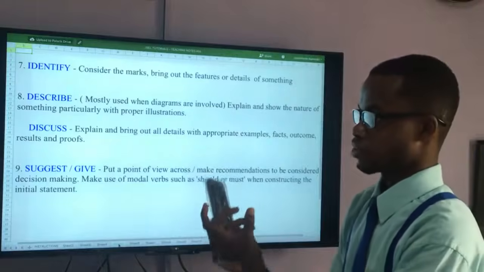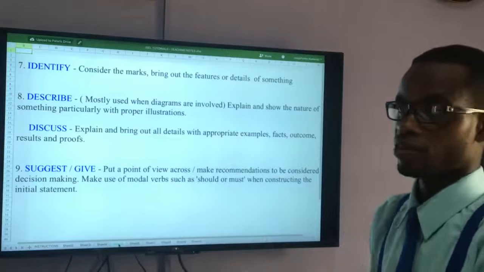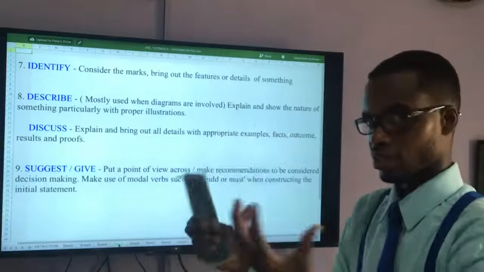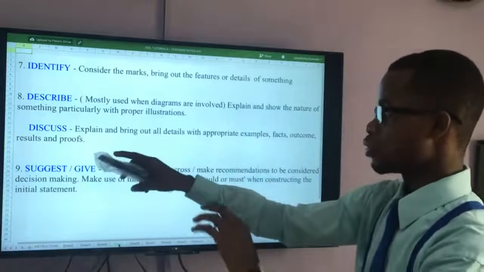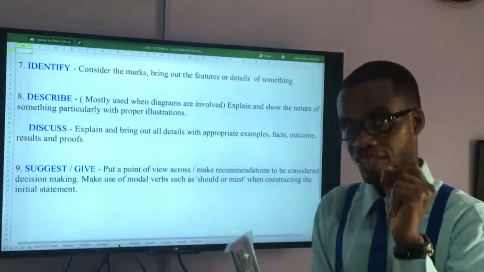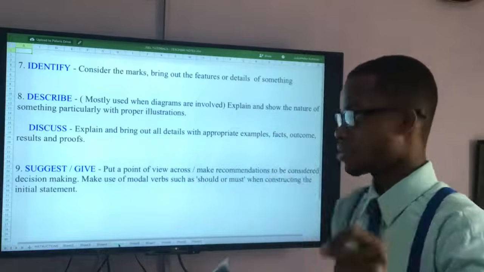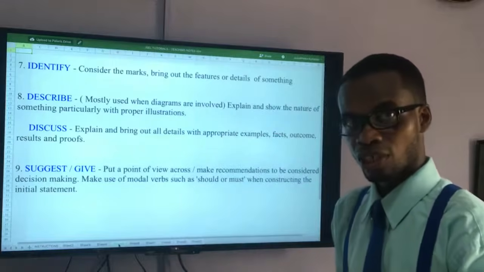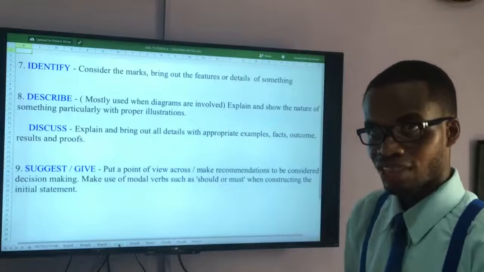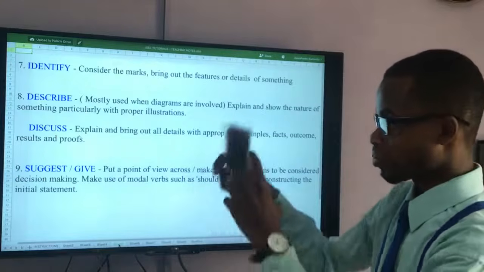So out of describe, you can have discuss. With discuss, normally you won't have a diagram question. So here you explain, bring out all details with appropriate examples, facts, outcome, results, and proof. So if you have done a research, you have gotten some proof, so you are describing something.